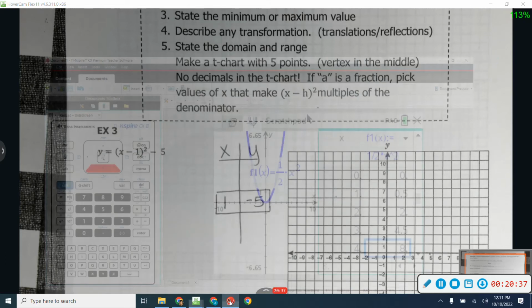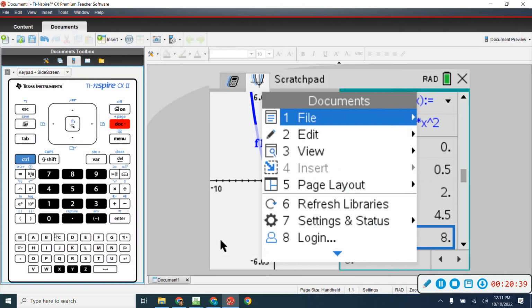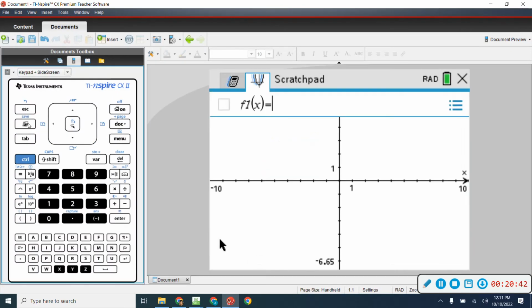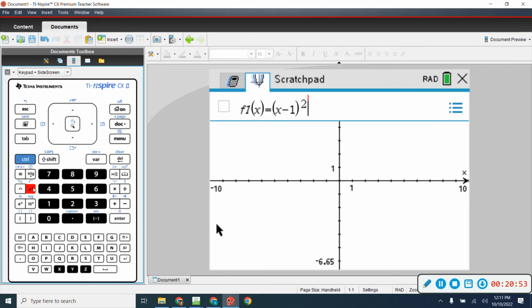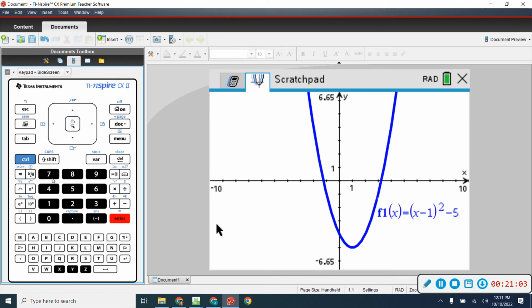Okay, so then I'm going to go to my calculator, clear it, and then I'm going to have my parentheses, which is next to 0, if you didn't already know that. Squared minus 5. So what you type should look exactly like what is on your paper. Okay, and then look at your graph. Is 1, negative 5 your vertex? In the general area, yes.